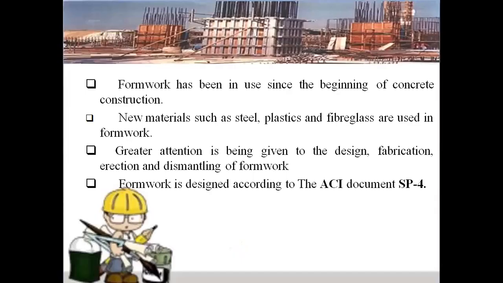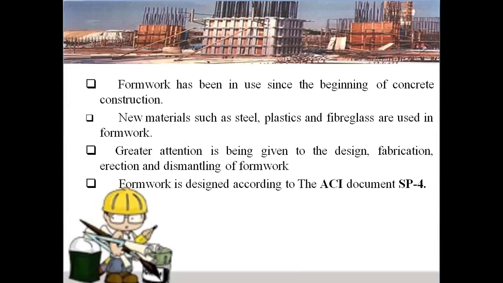Formwork has been in use since the beginning of concrete construction. New materials such as steel, plastic, and fiberglass are also used in formwork. Greater attention is now being given to the design, fabrication, erection, and dismantling of formwork.